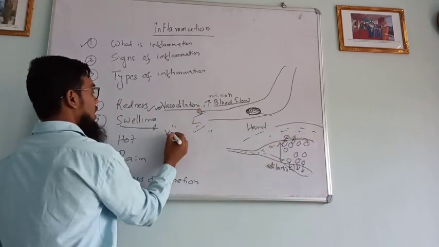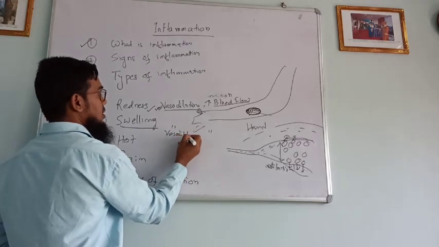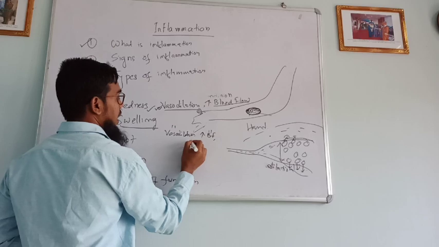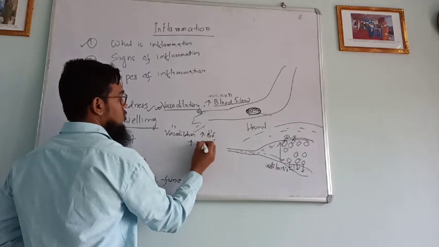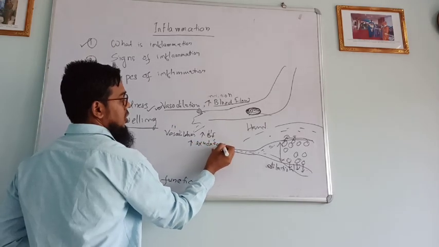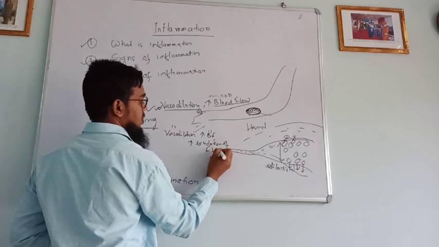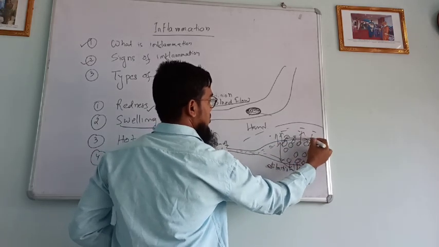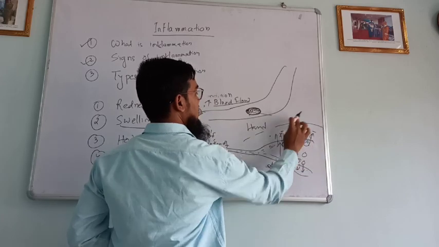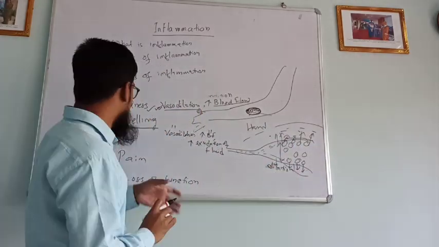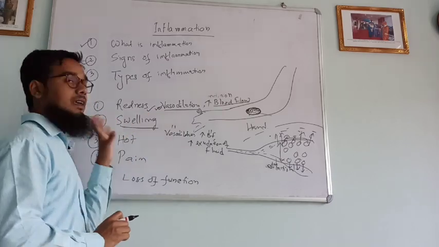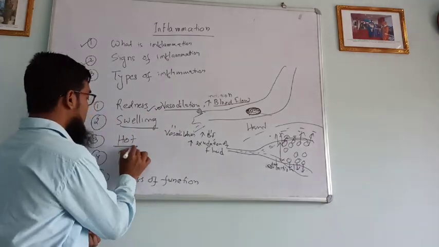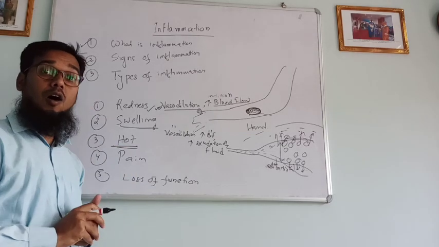So in swelling what happened? Vasodilation happened, increased blood flow and increased exudation of fluid. So fluid will be released to this tissue, exudate from this dilated part. That will result in swelling.